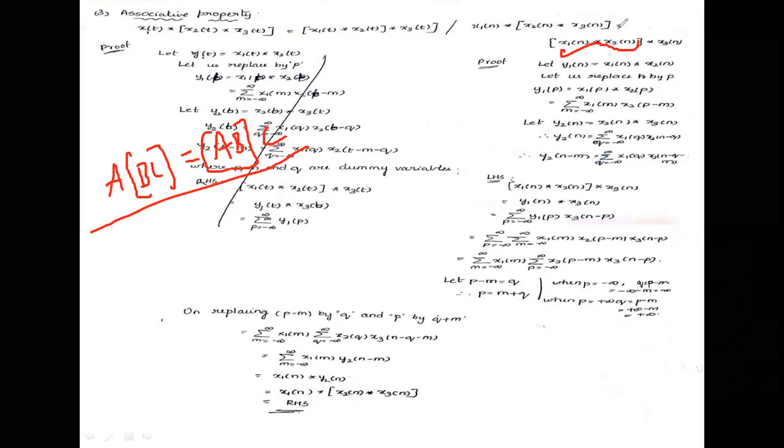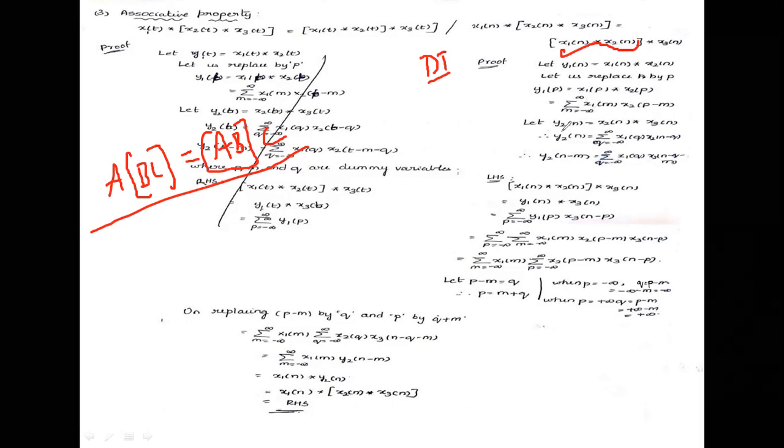And I have taken n values, meaning the convolution is in the sum, discrete. Discrete value: sum of k equal to minus infinity to infinity x1 of k, x2 of n minus k. But what is the n here now? The p. What is the k here? M. So x1 of m, x2 of p minus m.